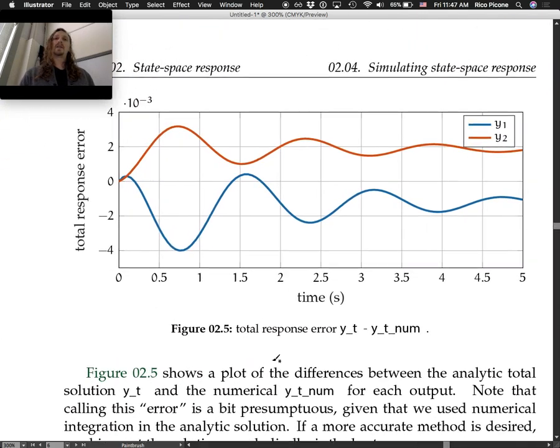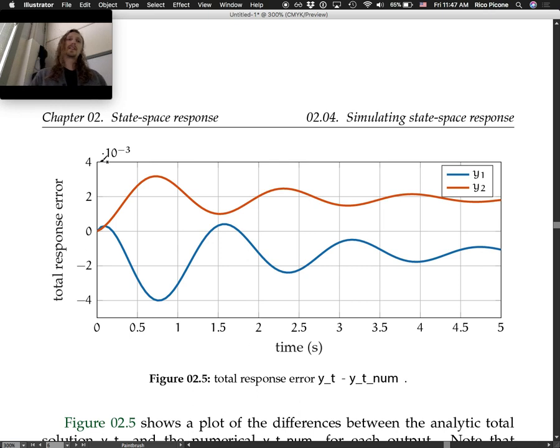And I plot this. So notice that the y-axis here is 10 to the negative 3. So we have some differences between them, and we can call this the error, but it's a little bit unfair to call it the error because we did a numerical integration.